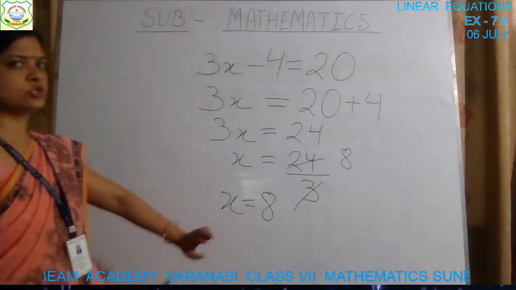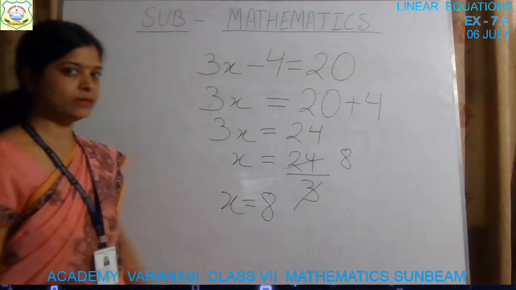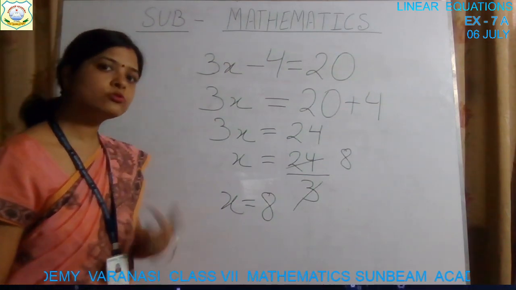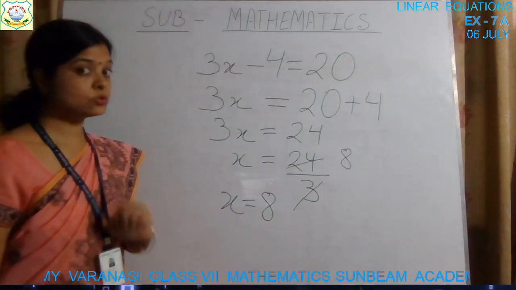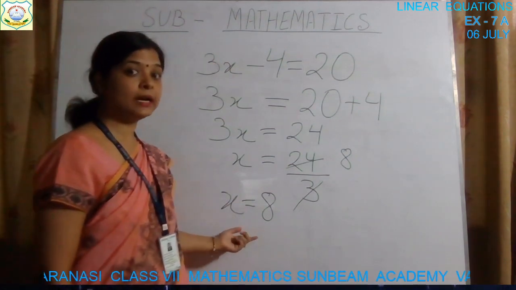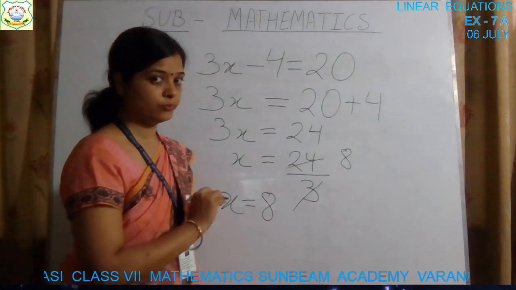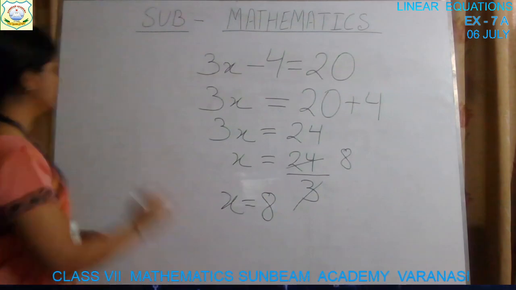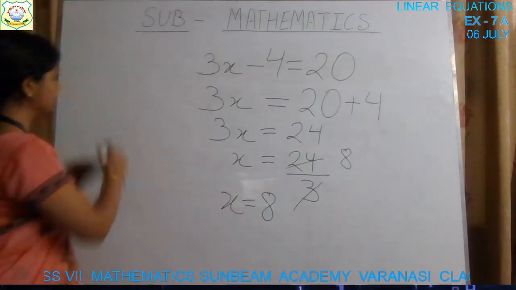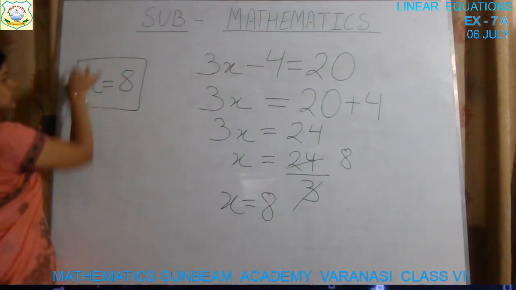Now children, you have solved this question, and you are very confident that you have solved it in a proper sequence. Your answer is correct. How to check it? There is also a method. Let me show you. The value of x is 8.